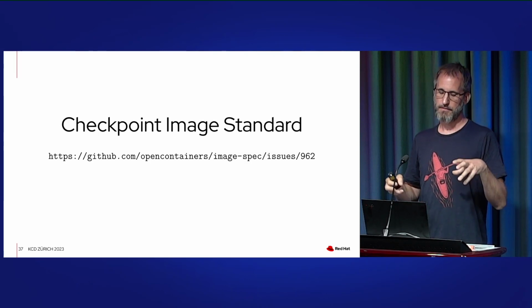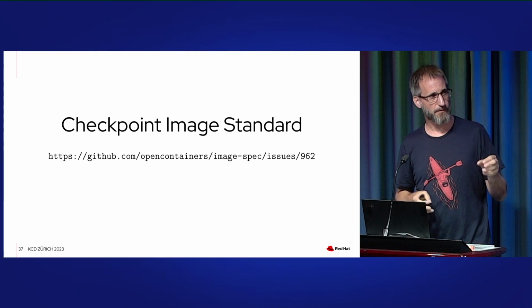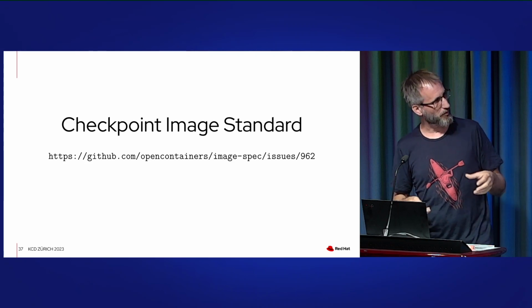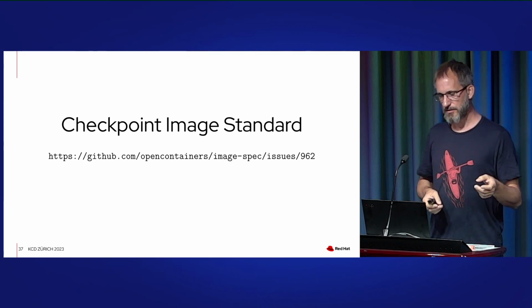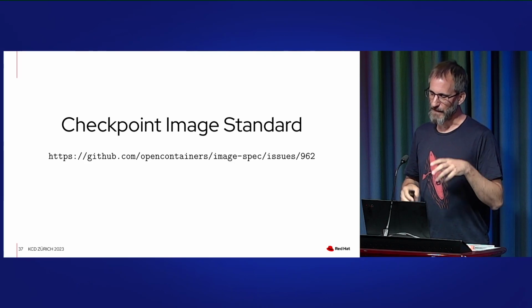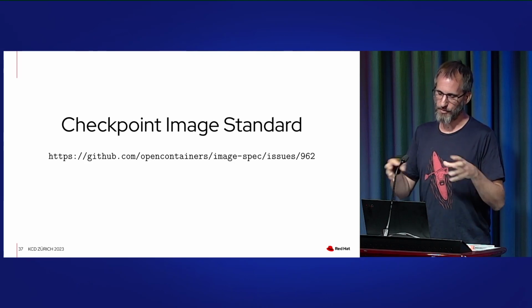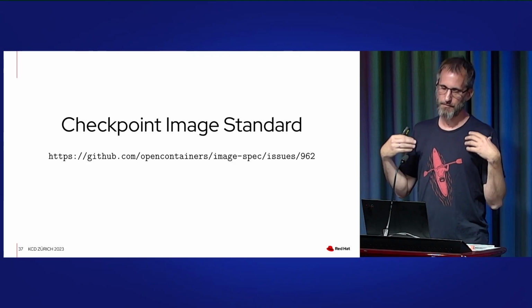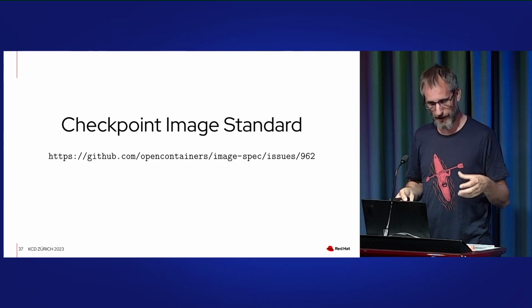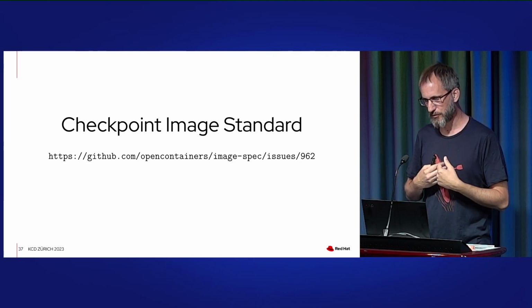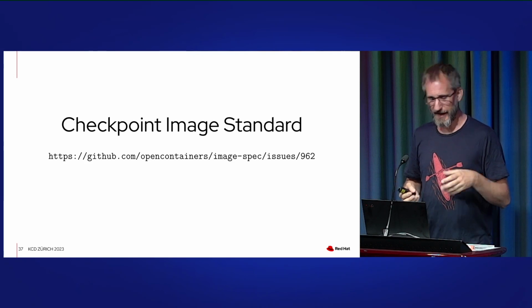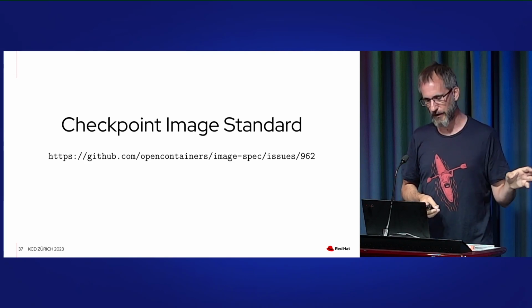And you've seen my tar archive to work with the checkpoints. So we started a discussion to have a checkpoint image standard which we can push to a registry. Currently we have something for ourselves which we can push to a registry, a checkpoint, and which you can use to restore somewhere else.